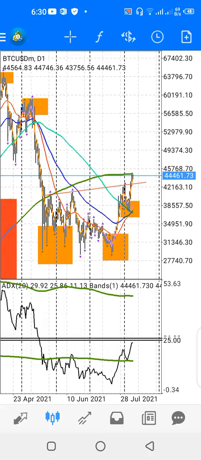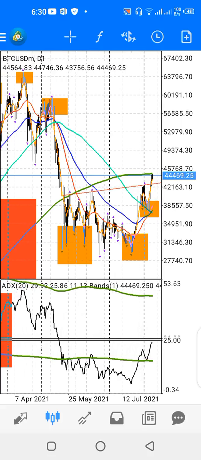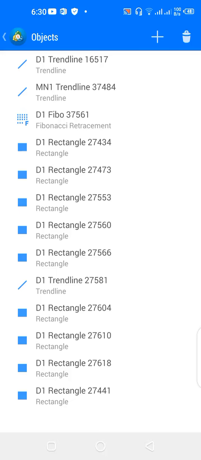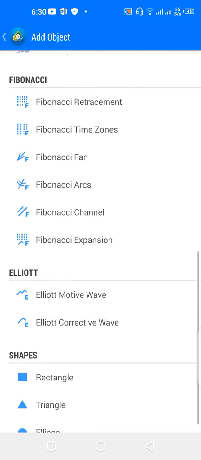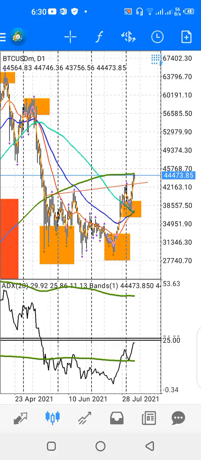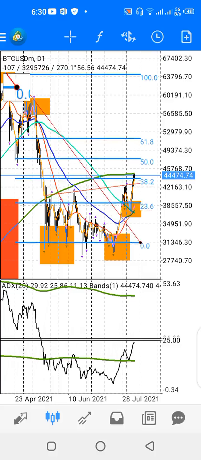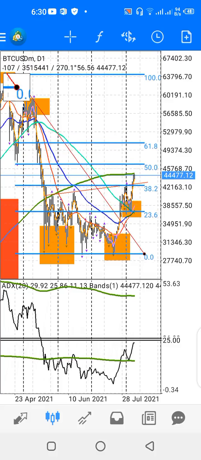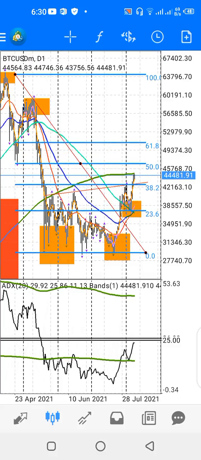And if price is going up on the daily time frame, we can try to forecast price by plotting our Fibonacci.